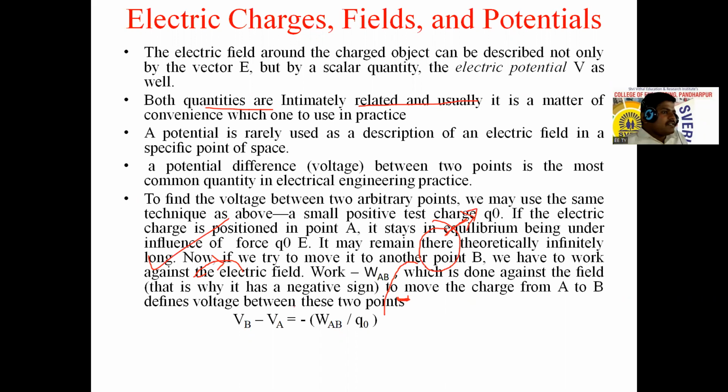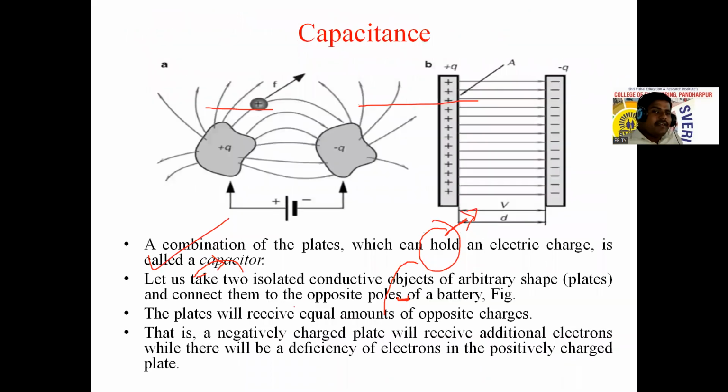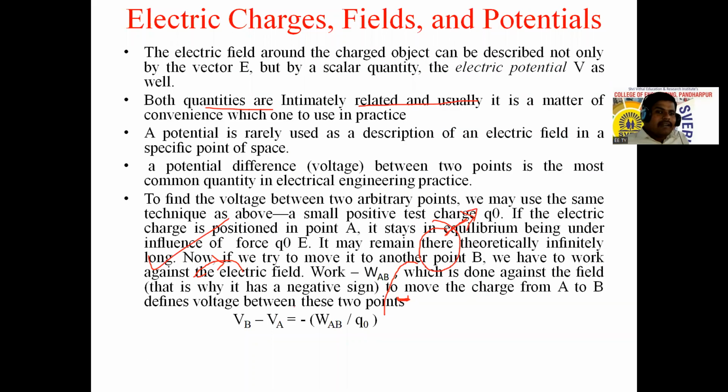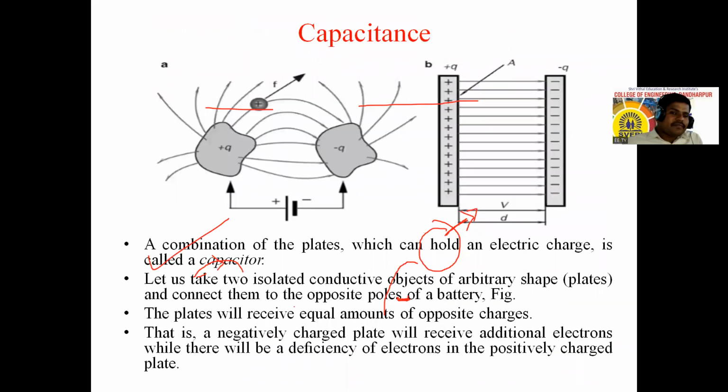So if one point has a high potential and one has a low potential, the difference between those potentials is what we call the electric potential between those two points, or it may be two elements, right? So this is the concept of electric charge, electric field, and electric potential.